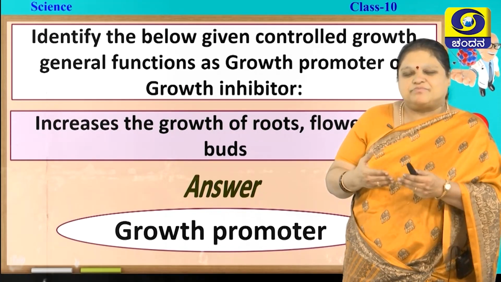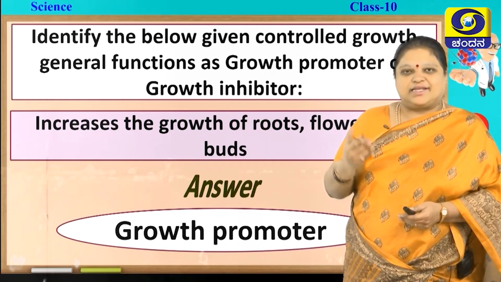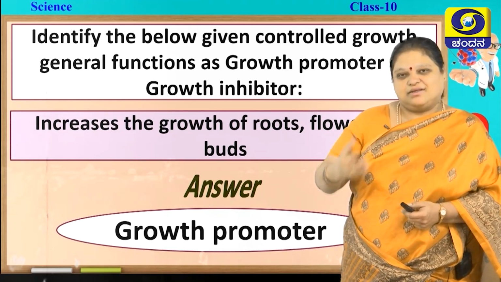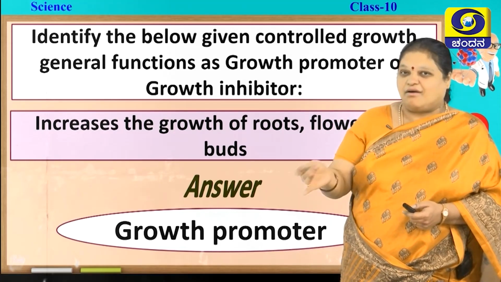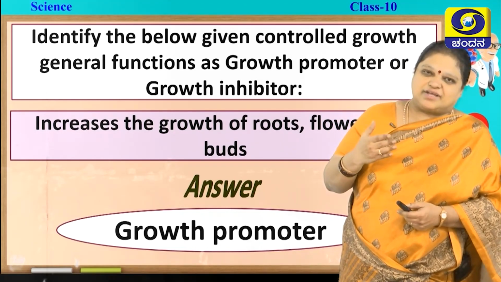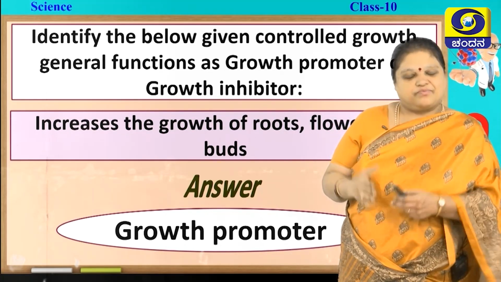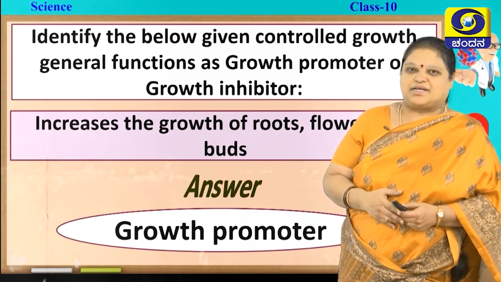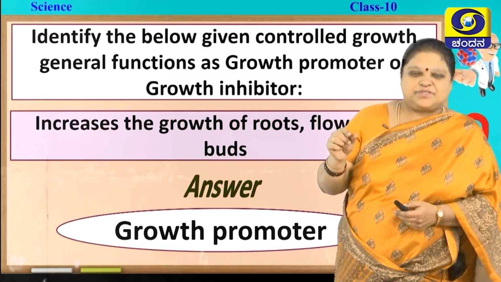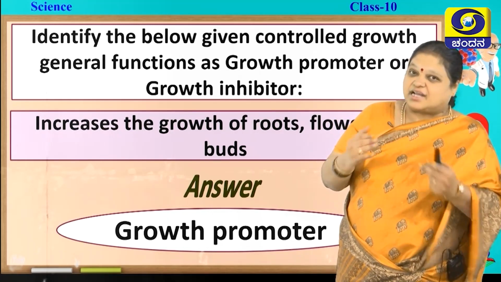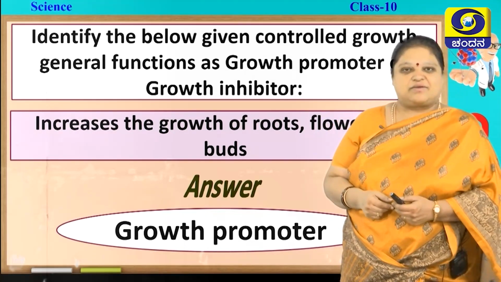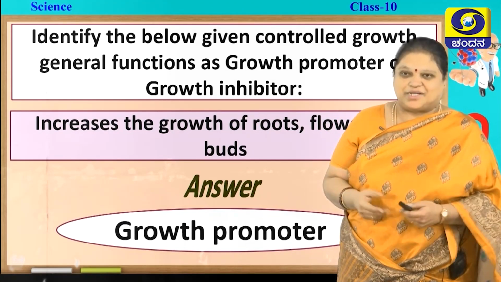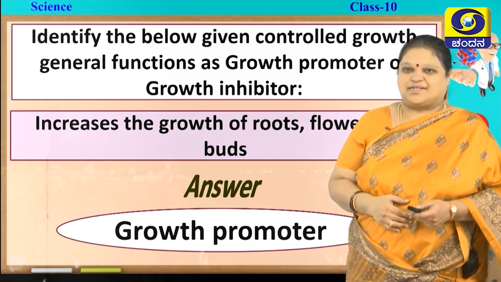Whatever is meant for increasing, you can guess that they are promoters. They may be auxins, gibberellins or cytokinins, whichever helps in increasing the growth. All these three hormones will come there. You can guess: if it is the tips, it is auxins. If it is cell division, it is cytokinins. If it is elongation of the stem, you call it gibberellins. So, you can guess like that.